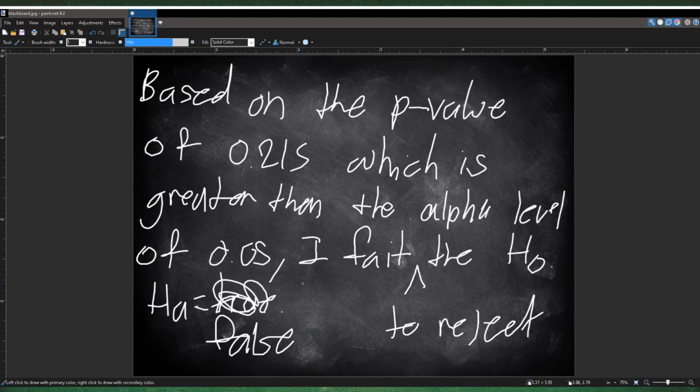So you're saying there isn't enough evidence to say that they are not independent. You're not saying there's no evidence, just not enough evidence. So that's what we write for our conclusion.